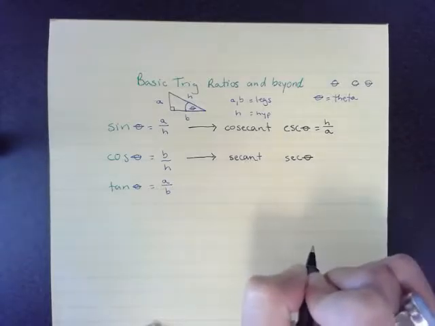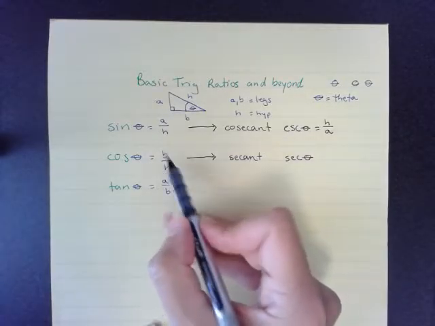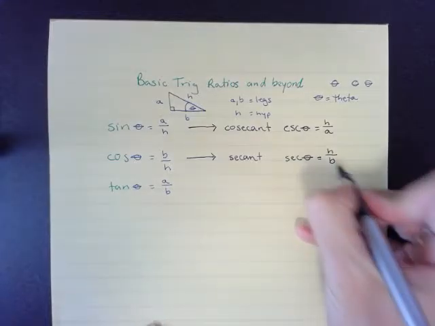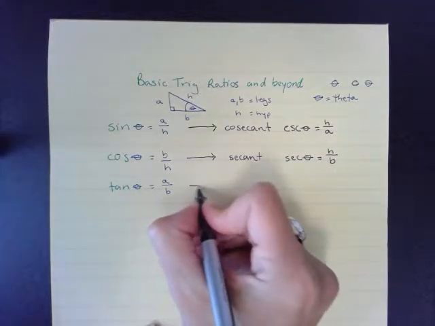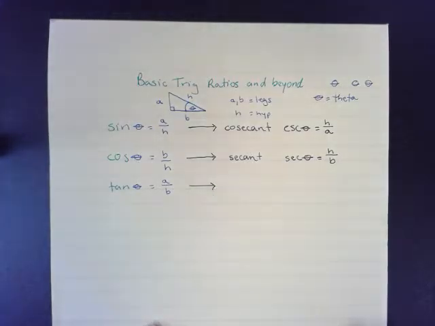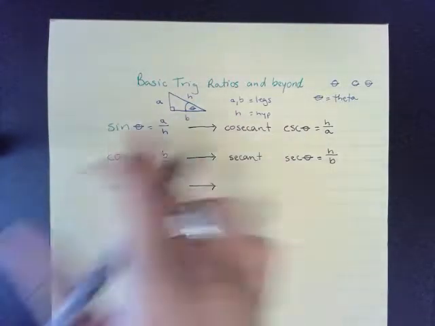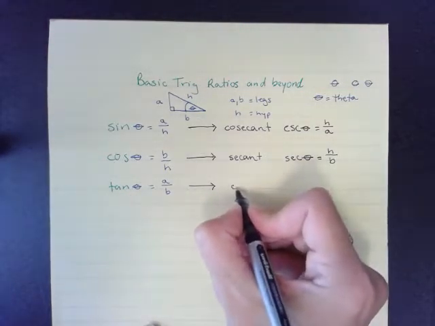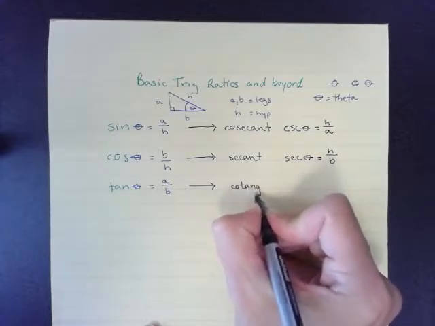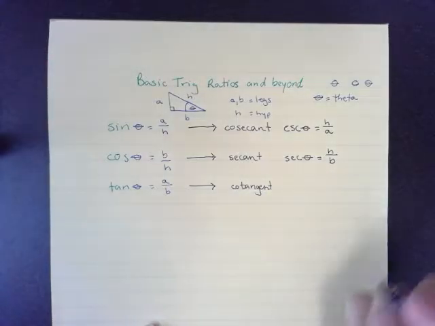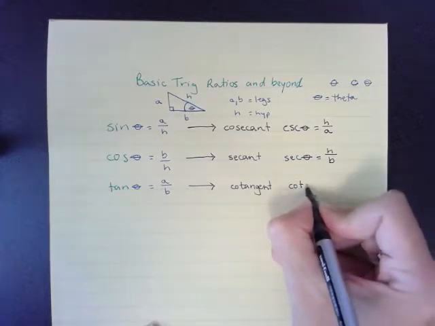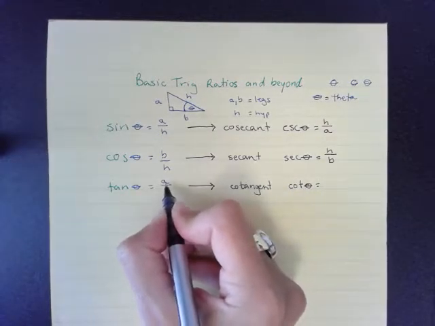So the secant of theta is going to be the reciprocal of the cosine, and that's going to be H over B. And then the last one is something a little bit easier than these two guys because it's a little confusing. They're completely different names, but the reciprocal of the tangent ratio is called the cotangent ratio. And we symbolize that as COT. So the cotangent of theta is going to be B over A.